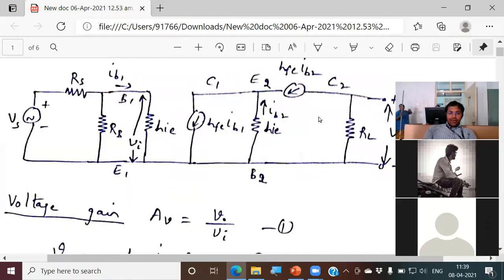To find R0, I should have only the source connected at the output terminals. No other source should be present. What is the other source? Vs should not be present, which means I should replace Vs with a short circuit.